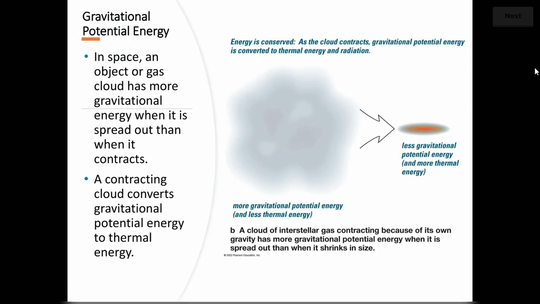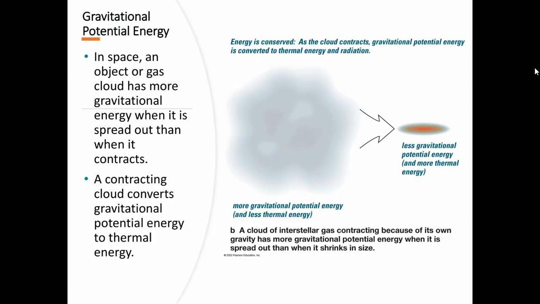And this potential energy is going to come back in astronomy when we talk about how things like stars form. It turns out that space is not completely empty, and there are these clouds of gas out in space. Something will cause that gas cloud to start contracting, and as it contracts, it's converting gravitational potential energy into thermal energy.